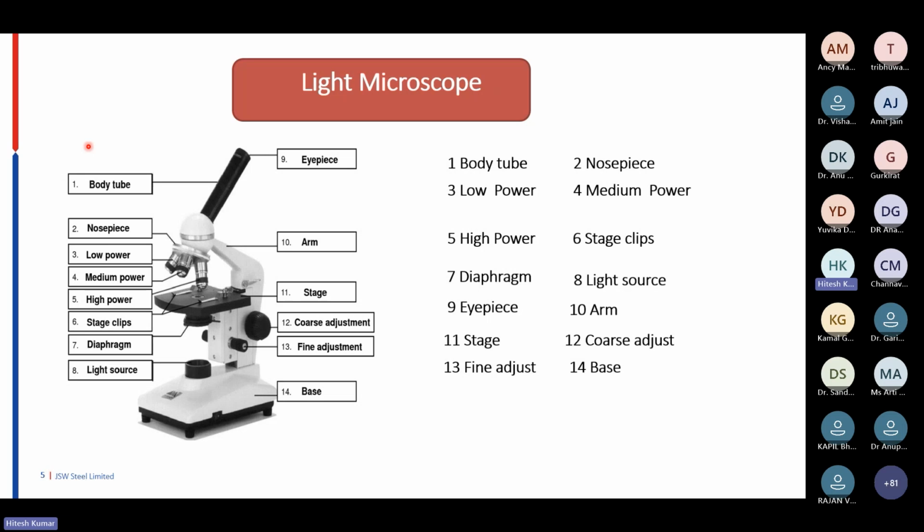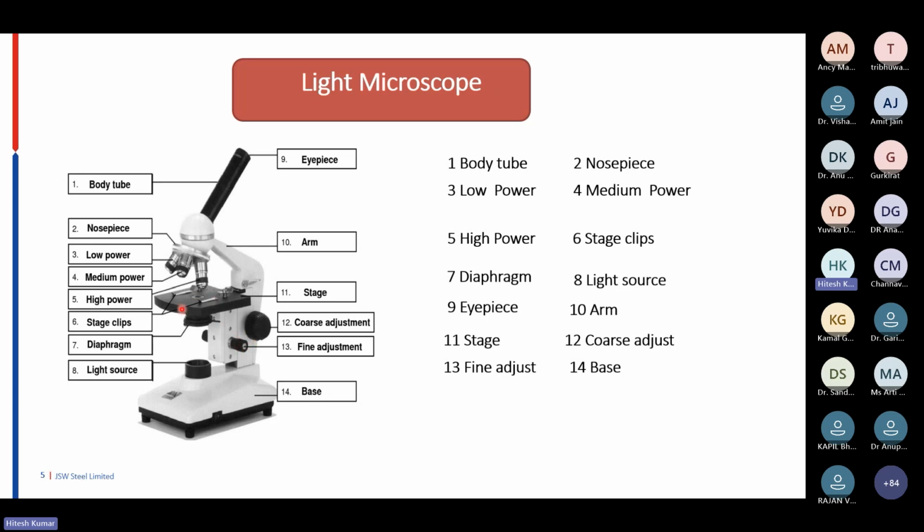The basic idea here is that one is the eyepiece and another is your sample objectives, low power or high power depending on how much you are going to use. And you mostly have a coarse adjustment and a fine adjustment.